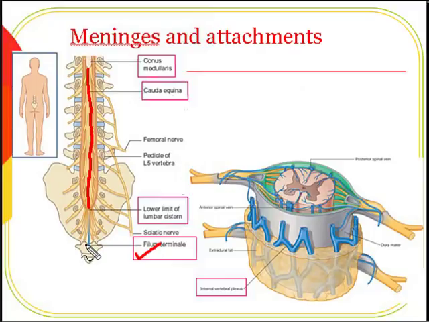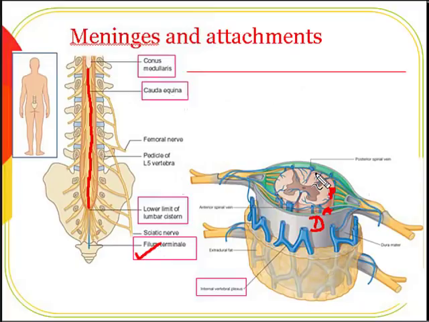Now, we've already done the meninges of the spinal cord in the first lecture, but I'll go over them again. It has the three layers that you see in the brain. It has an outer layer of dura mater. Inner to that is the arachnoid mater, and then you have the pia mater, which is very closely attached to the spinal cord and dips in between the fissures.